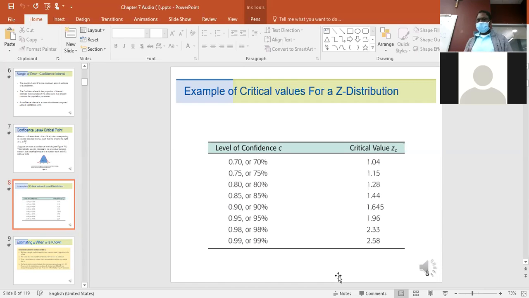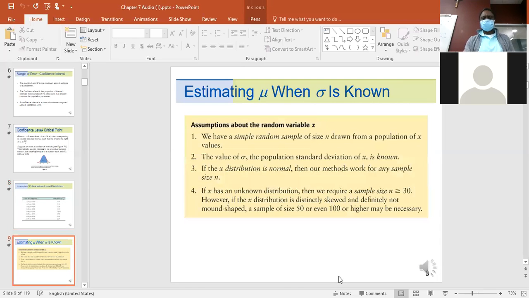So at this point, we want to say that we can compute the confidence interval for the mean if we know the confidence level and the standard deviation of the population. So we are going to discuss two cases.